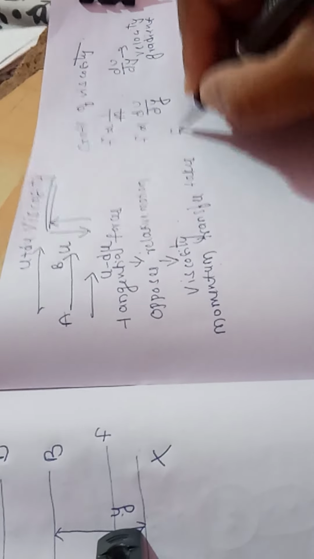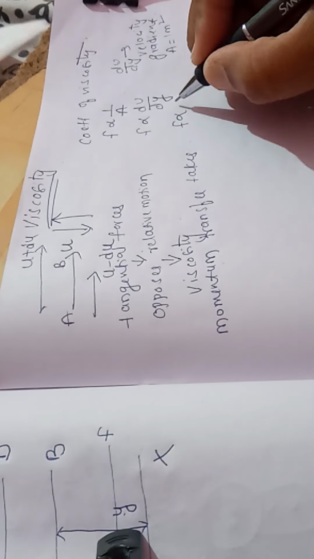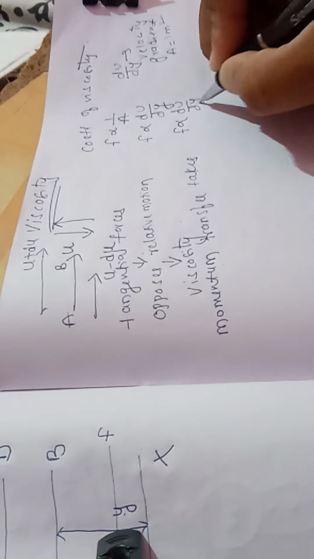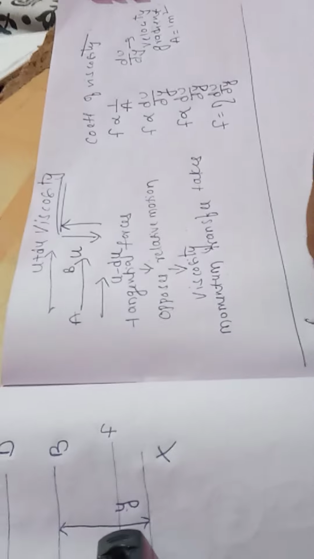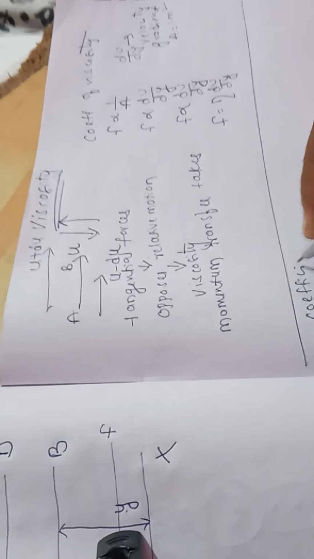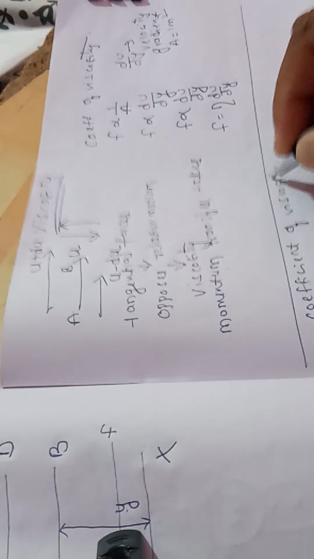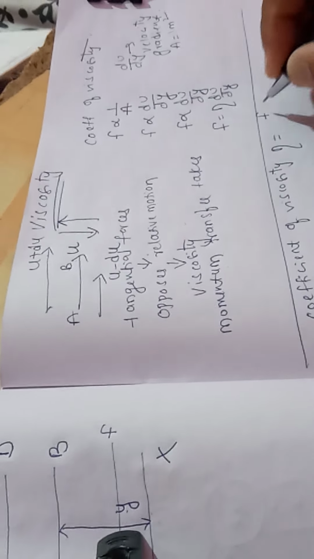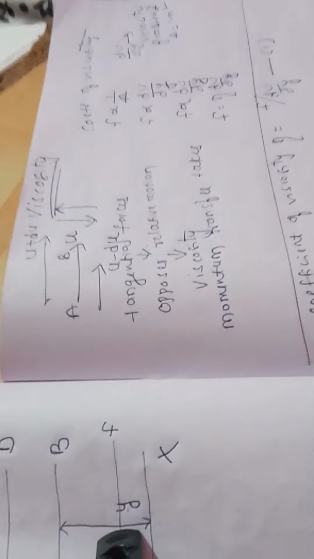So for unit area, 1 meter square, F is proportional to du by dy. So F is equal to eta du by dy. This eta we call the proportionality constant, or the coefficient of viscosity. Eta equals F by du by dy. Let us keep this as equation 1.